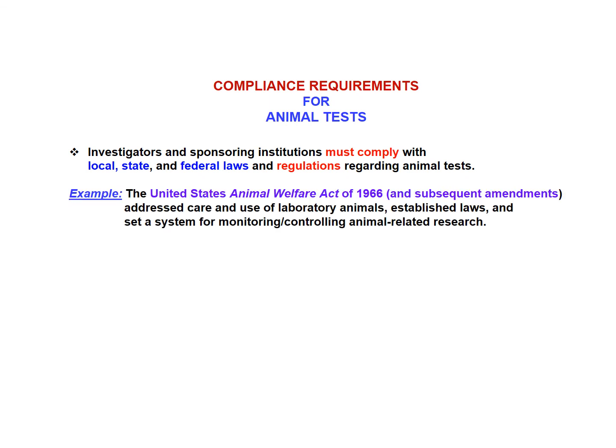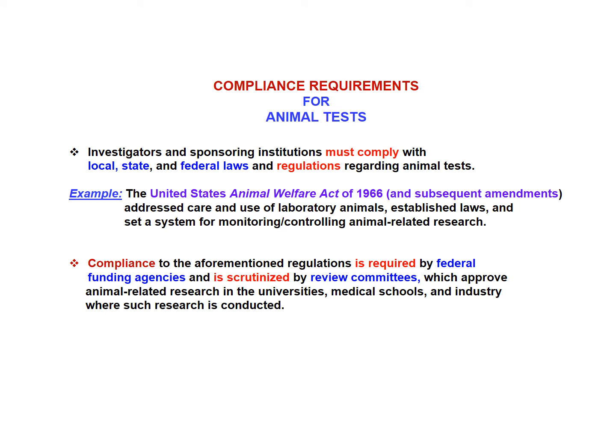We should keep in mind that the United States Animal Welfare Act of 1966 and subsequent amendments addressed various aspects regarding the care and use of laboratory animals, have established federal laws, and have set a system for monitoring and controlling animal-related research.